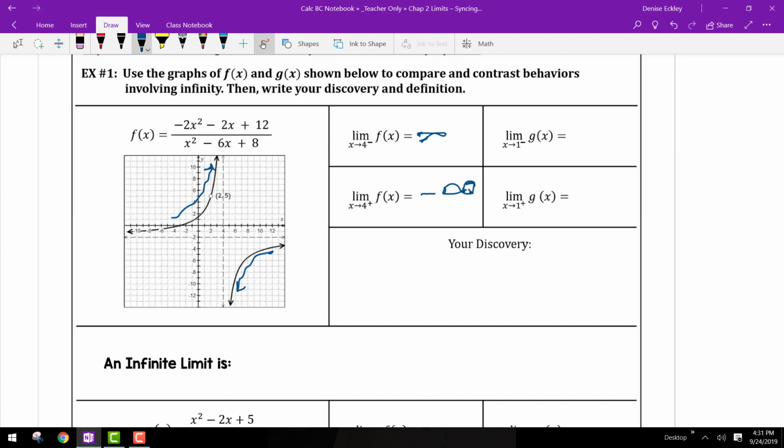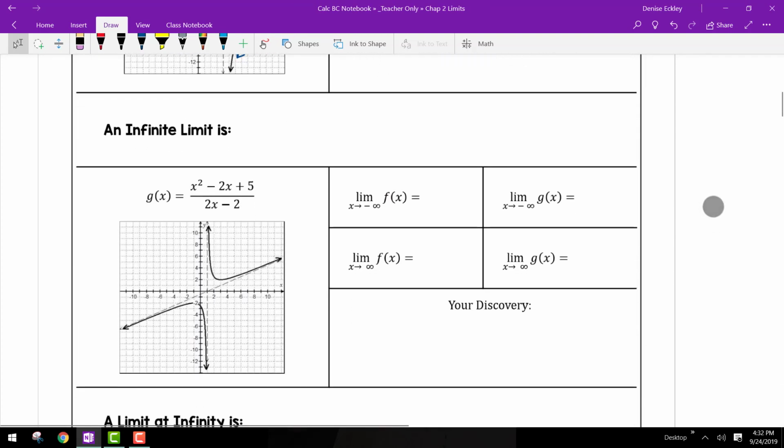Let's do the same thing with g of x, which is below. Let me move the graph here a little bit. When we look at g of x, we're looking at 1 from the left and from the right. As we approach 1 from the left, we're headed to negative infinity.